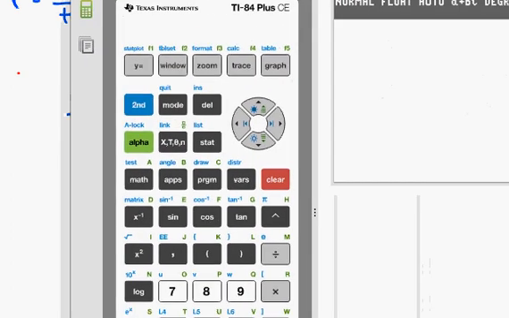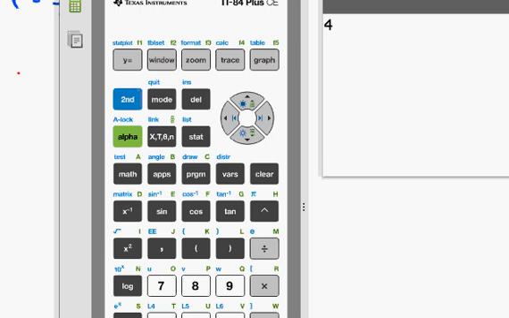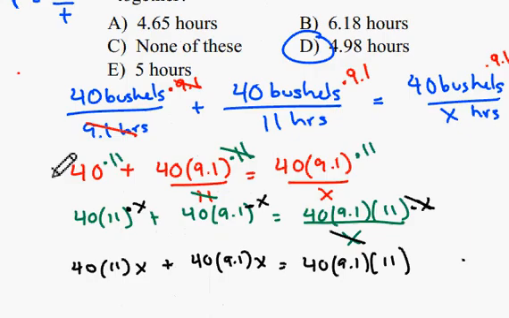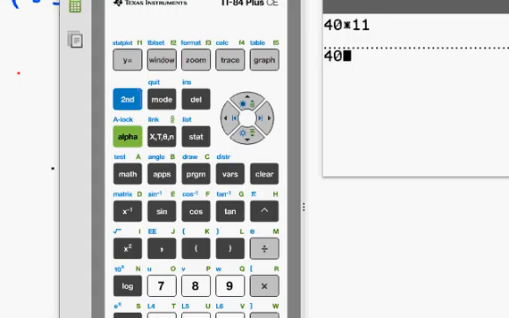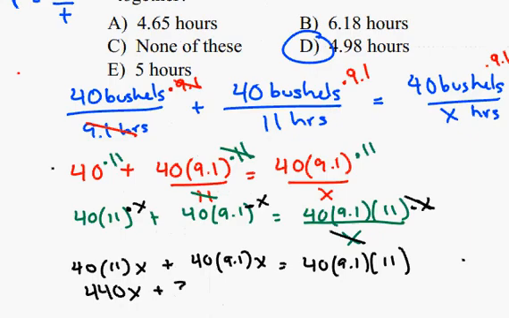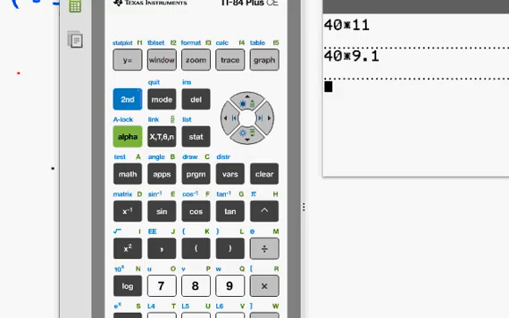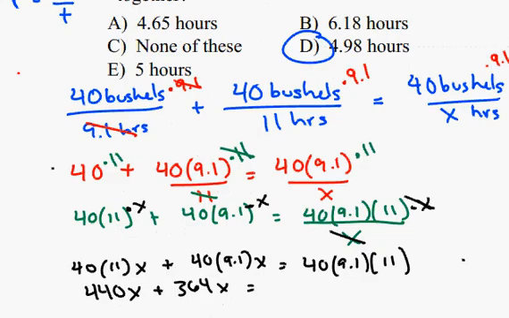40 times 11, that gave me 440. 40 times 9.1, that's 364, equals 40 times 9.1 times 11, and that equals 4,004.